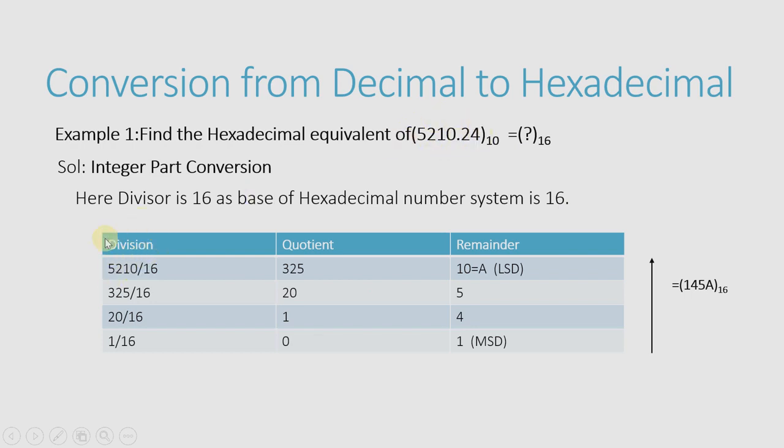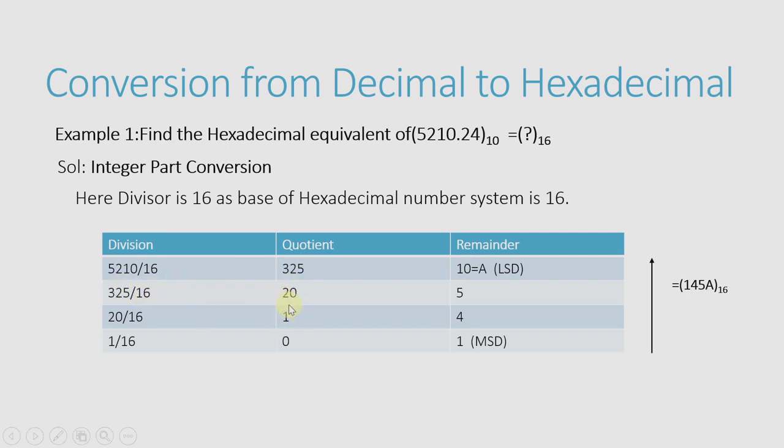In the division, we pick up the integer part 5210. Here the divisor is 16, so we divide it by 16. We get the quotient 325 and the remainder is 10. But as we have discussed, in hexadecimal, instead of writing 10, we use the symbol A. Then pick up the quotient 325, divide it by 16.